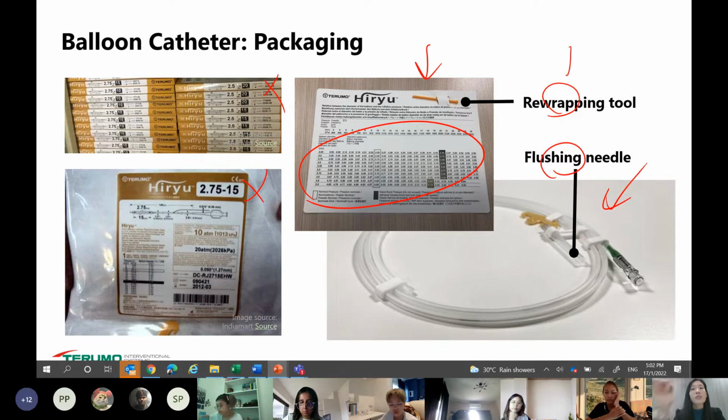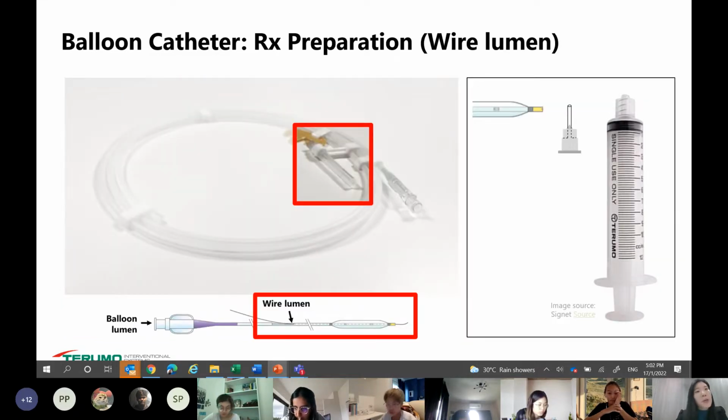So I use a rewrapping tool to make the profile of my balloon smaller. Maybe you get to experience this also, but this is one interesting thing that is provided that helps the doctor reuse the device.